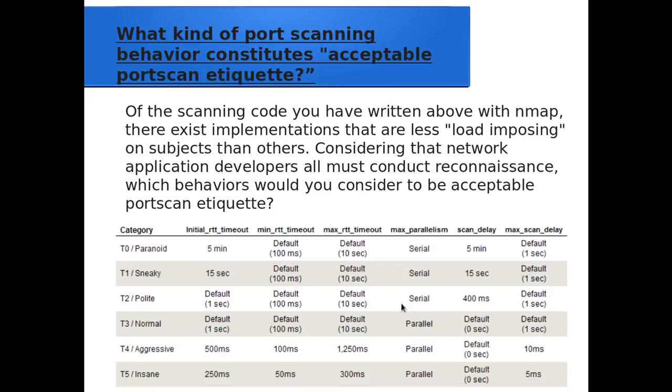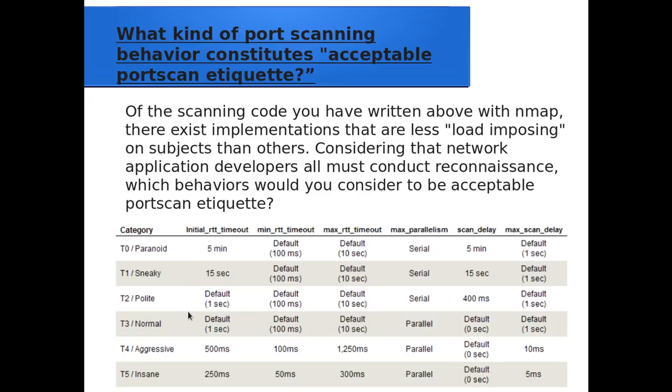And again, the number of data packages that would be sent to the receiver would be one at a time. And in that category, from T0 to T2, you can say that these are the scans that are less load imposing, because as you can see, you are only scanning one port at a time, and waiting a considerable amount of time before sending another data package.